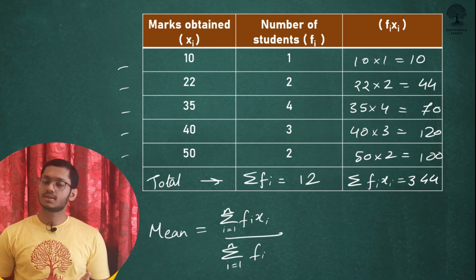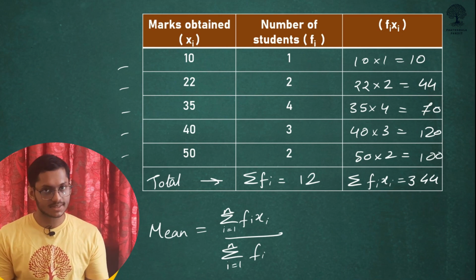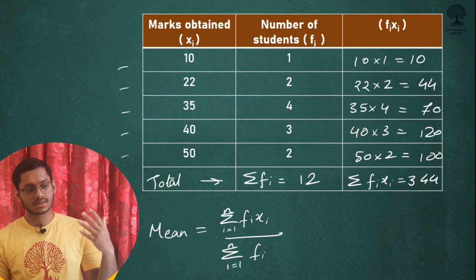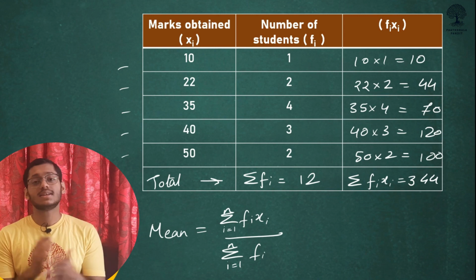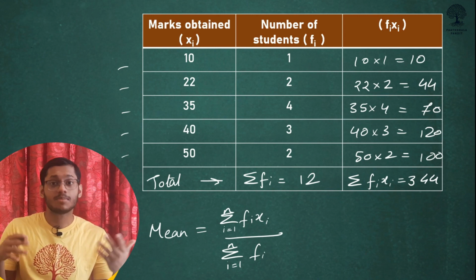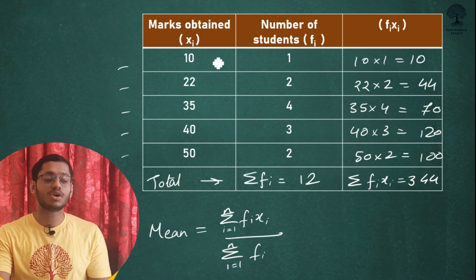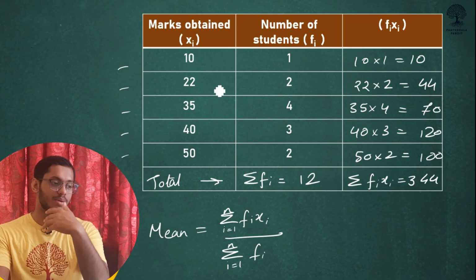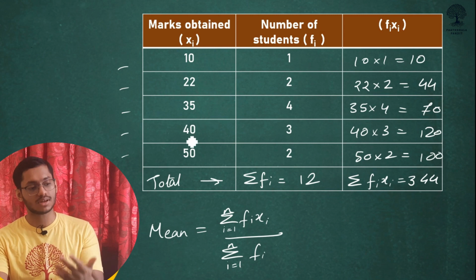But in other cases, suppose there is another class where people got 7 types of marks, like some people got 10, some people got 22, some people got 35, then 40, 50.